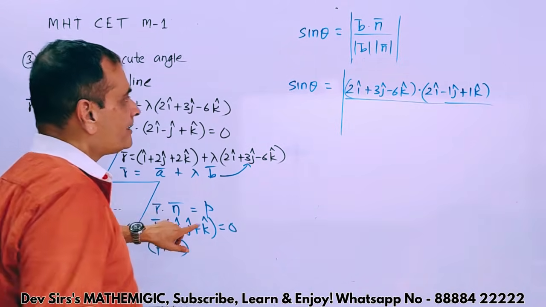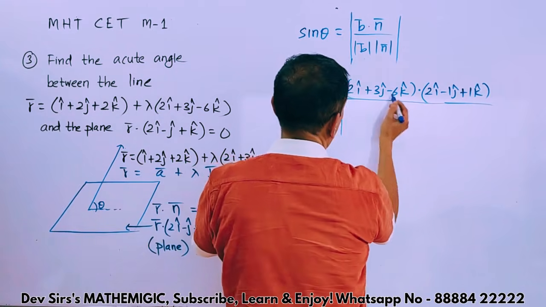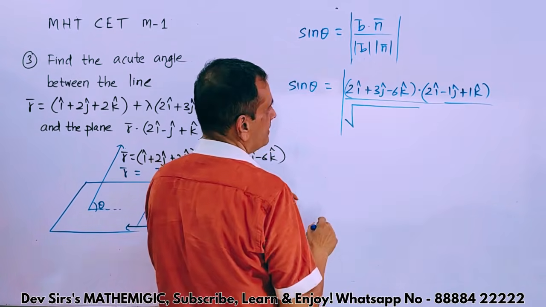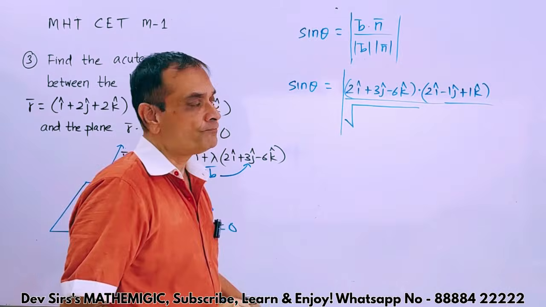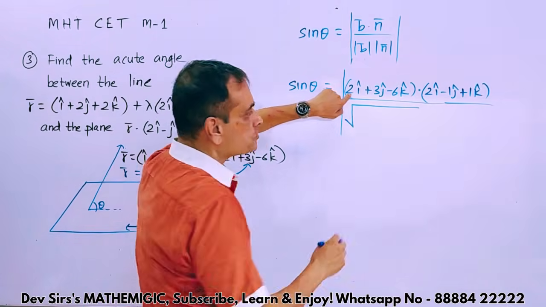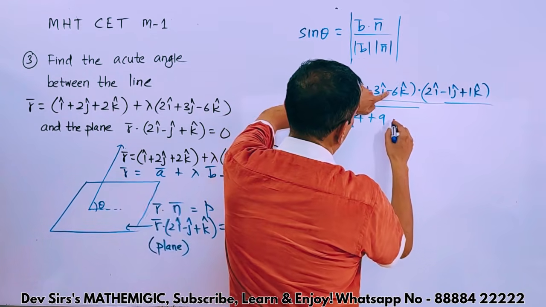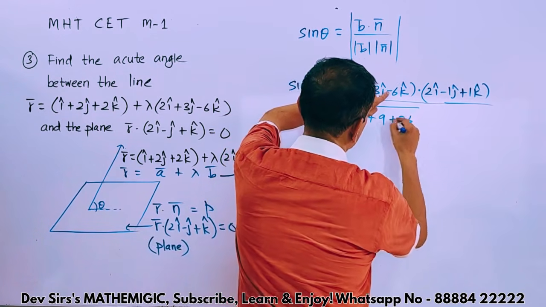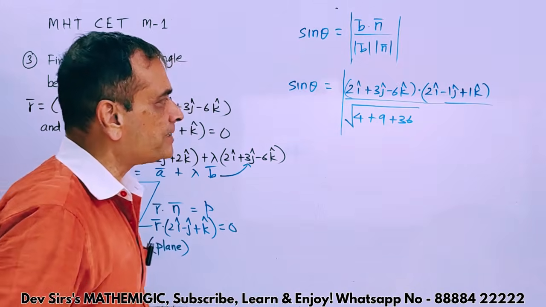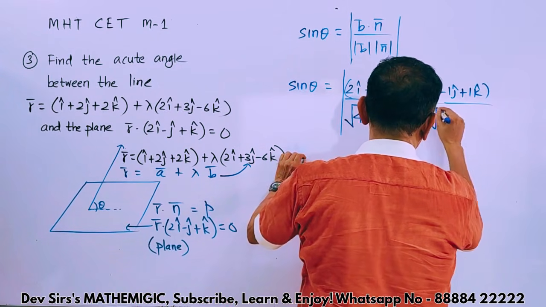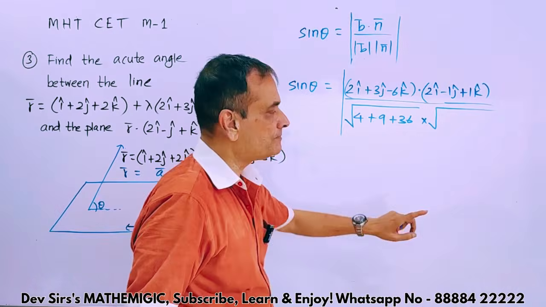Magnitude of b bar means ये जो लिखा है उसका magnitude. We have to take the magnitude of that. How to take the magnitude? Square of this. 2 squared is 4. 3 squared is 9. Minus 6 squared is 36. Square plus square plus square multiplied by magnitude of this.